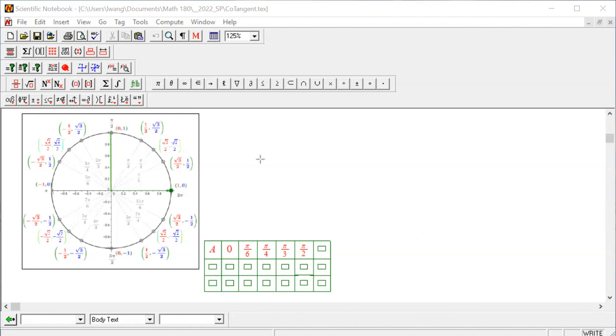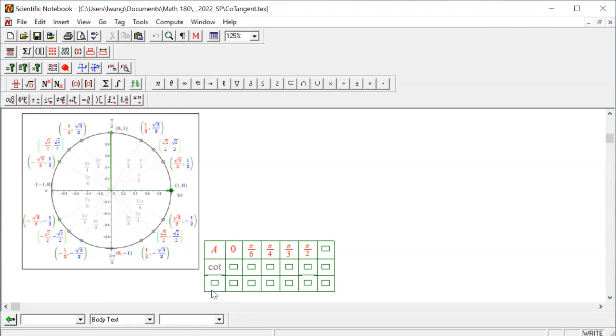So let's look at the cotangent ratio. When the angle is 0, cotangent 0, we're going to take the red number divided by 0. What do we get? Cotangent 0, we're doing 1 divided by 0. That's undefined.